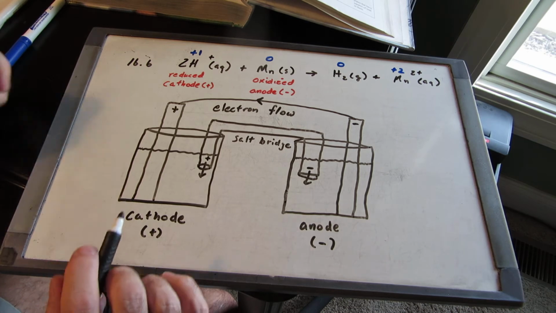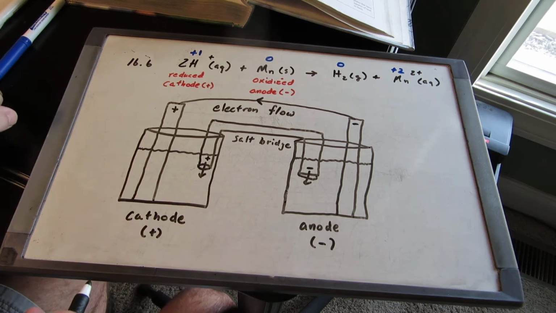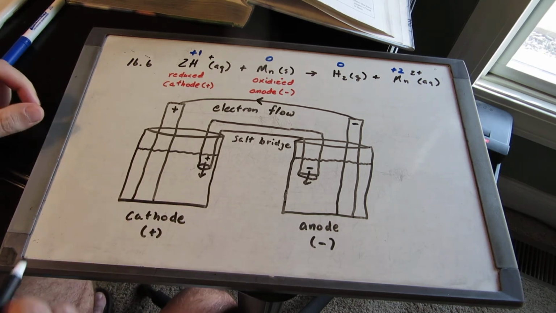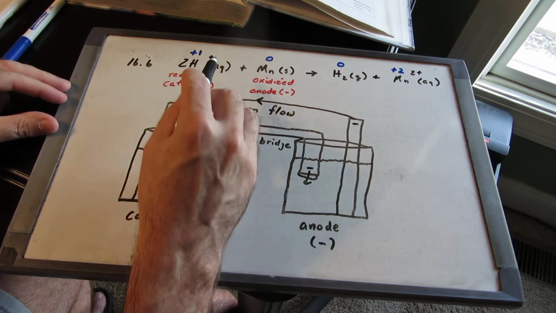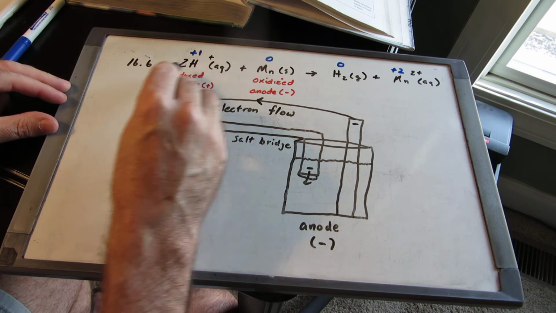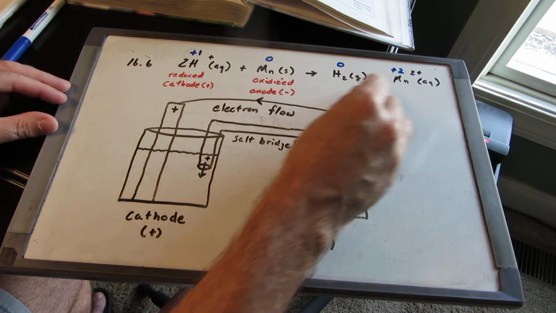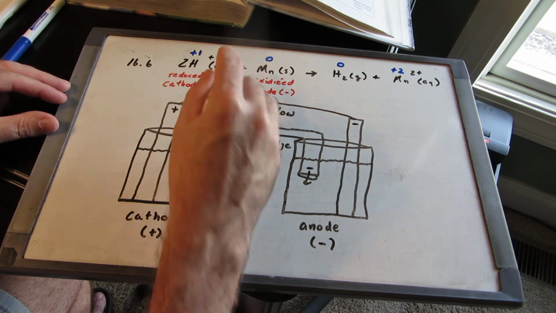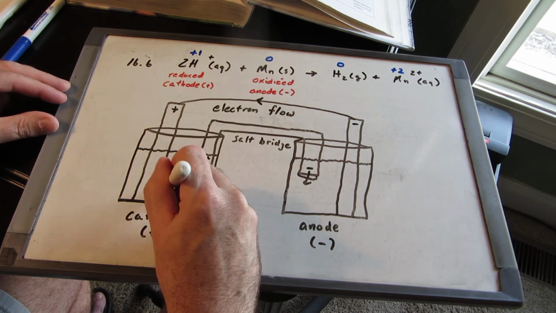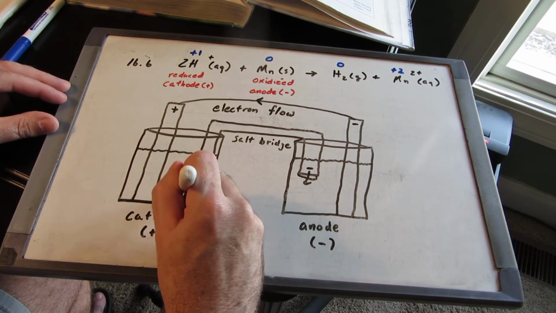Okay, so we got art in this chapter, right? Not too much left to label. So you need to label the reactants. You don't have to label the products, but you need to label the reactants. And since this is aqueous, we know that we have an H plus solution.